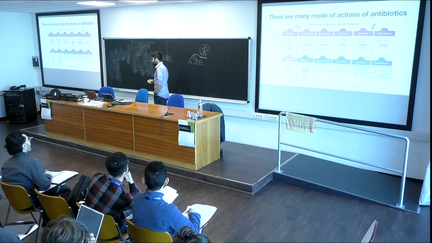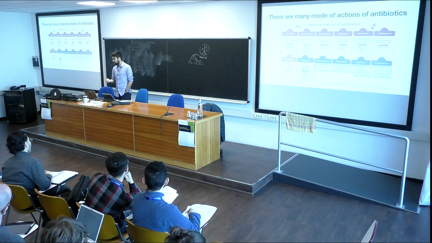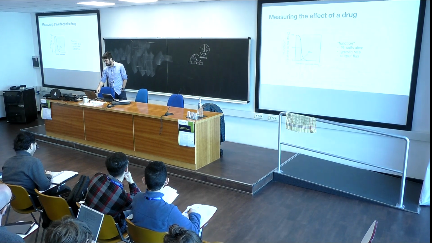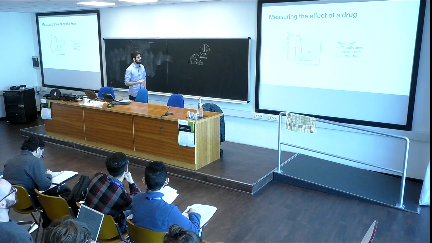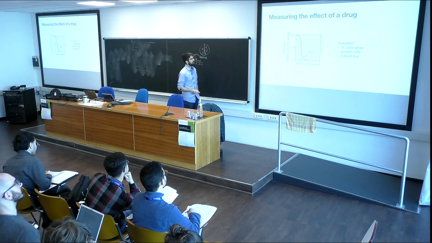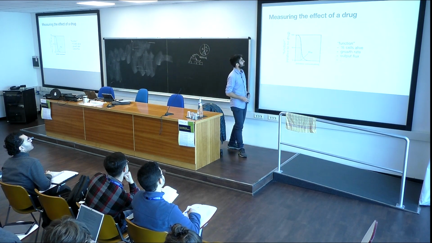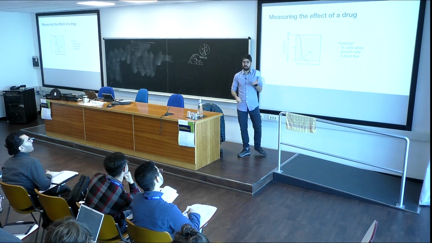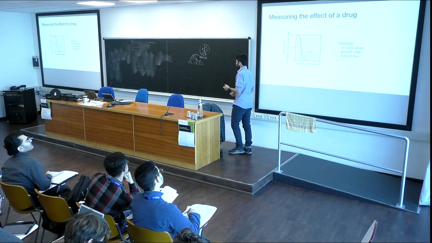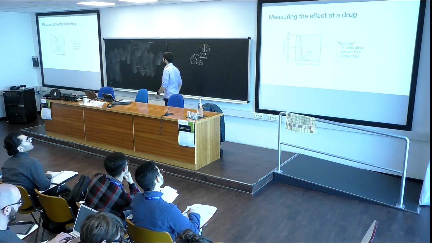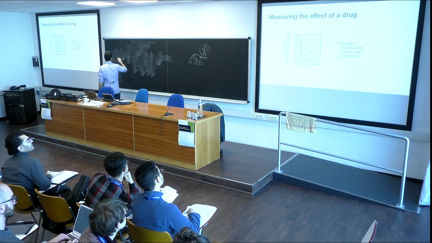Okay? So what is typically done is that you have some function, and you measure this function. This could be, for instance, growth rate, right? So in our case, it could be growth rate.